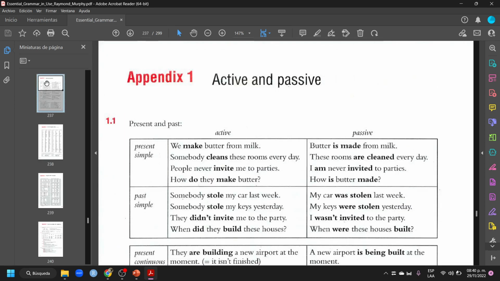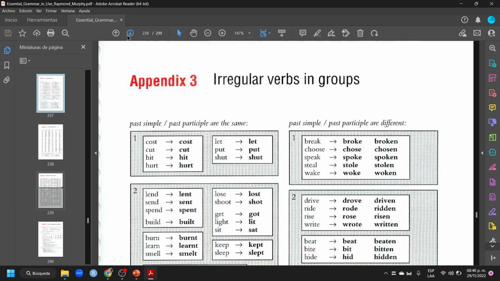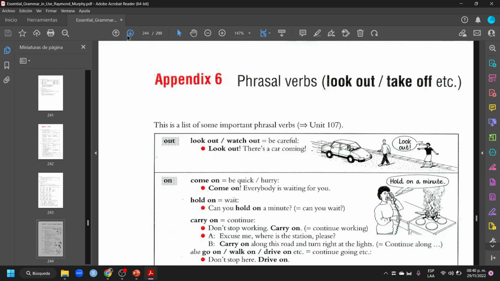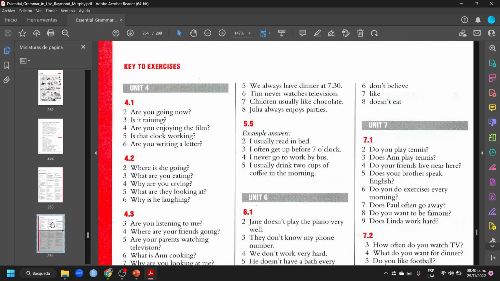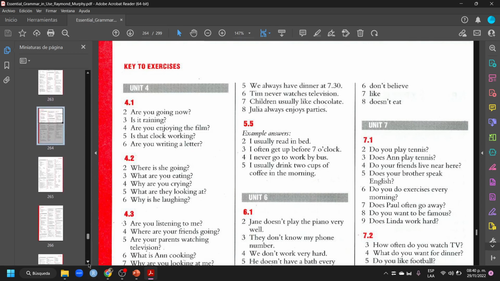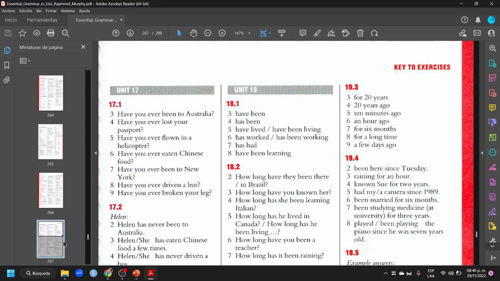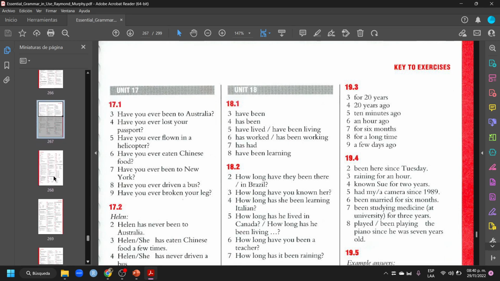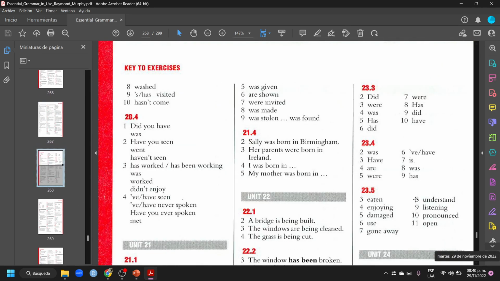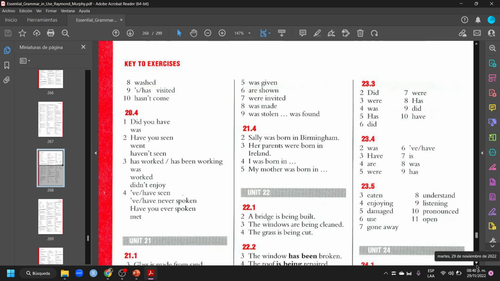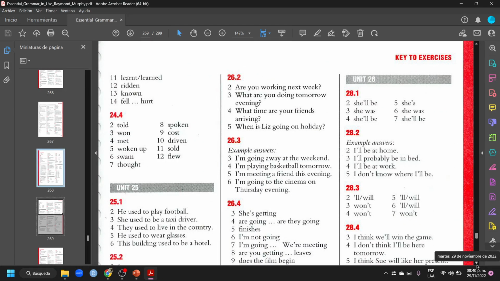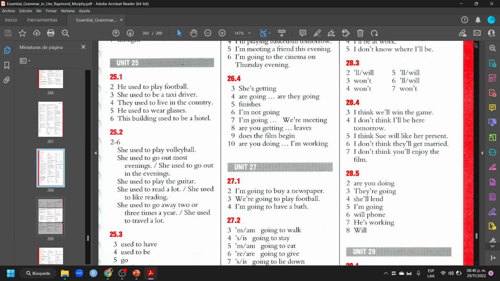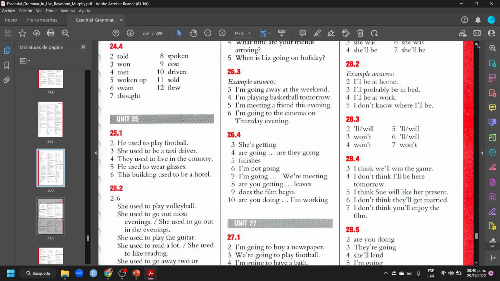The present simple is in the moment, and the present continuous is at the moment and is not sure, and it's arrangements and plans. Exactly.